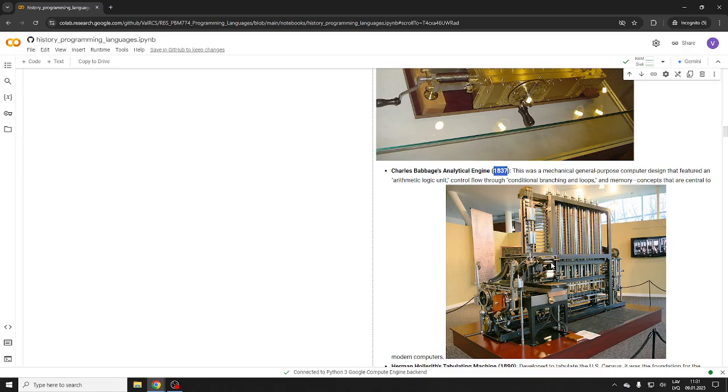You write a program by punching holes, but you had to bring them to the computing center, your homework, and then wait a few days to see whether it ran, whether you didn't have a syntax error. A syntax error could be just that you missed a punch somewhere. Not fun. You have a really long feedback loop.